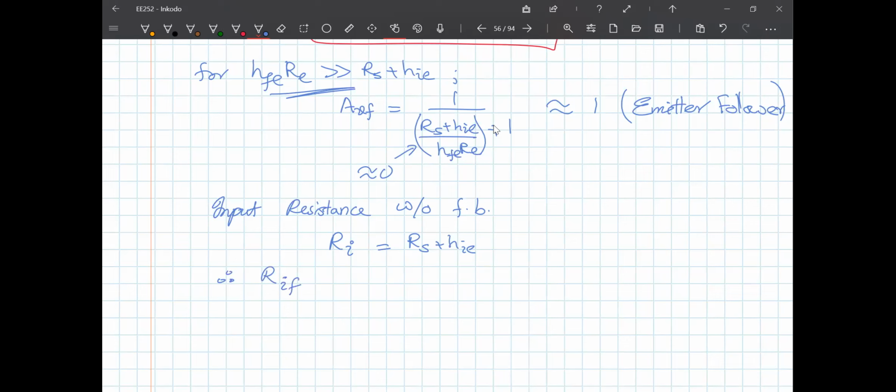So therefore RIF with feedback should be, now how are we going to connect this? In series connection, right? Remember, this is a voltage, so therefore input impedance should increase. So this should be Ri times D, because of series comparison.